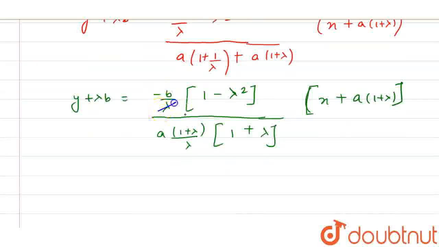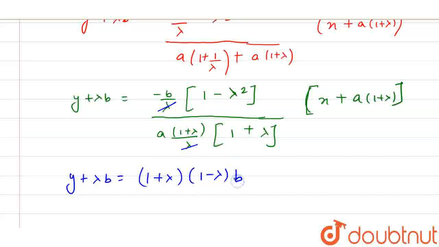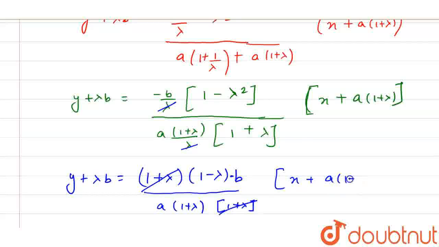This lambda cancels out with this lambda, and we can open this using the a squared minus b squared formula, which is (a plus b)(a minus b), so it becomes (1 plus lambda) multiplied by (1 minus lambda) into minus b into minus b, and this value is A times (1 plus lambda) into (1 plus lambda). So 1 plus lambda and 1 plus lambda cancel out, and this term, x plus A times (1 plus lambda), stays as it is.